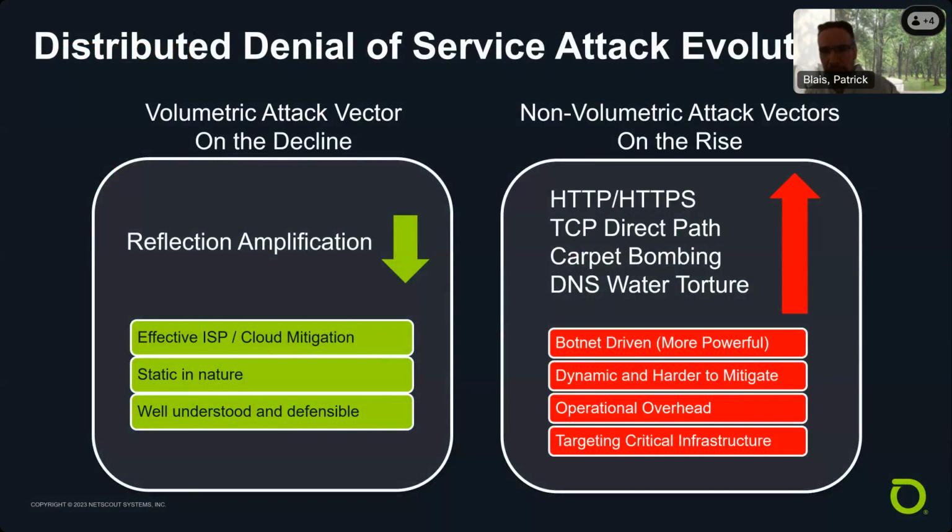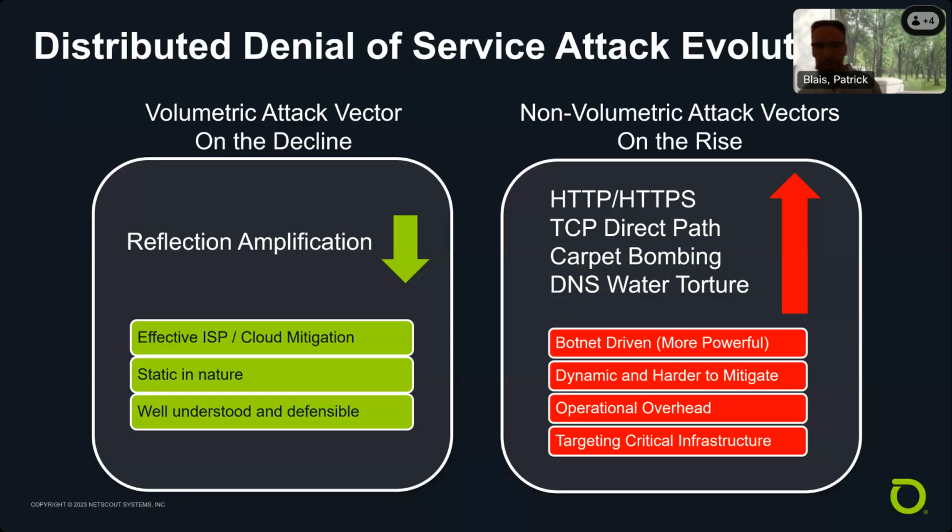But basically attackers, well, they're shifting to non-volumetric attack vectors. So there's an attacker recognition, basically, that reflection or application type attacks are well understood and they're defensible. So we also have human attackers that are adapting their attacks in real time to get around defenses.